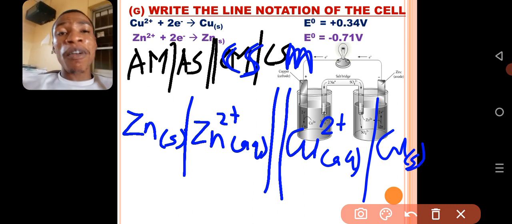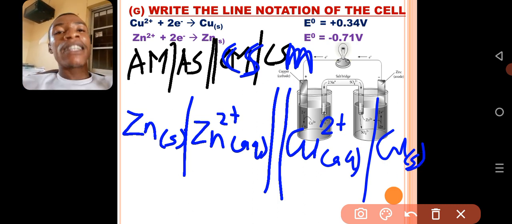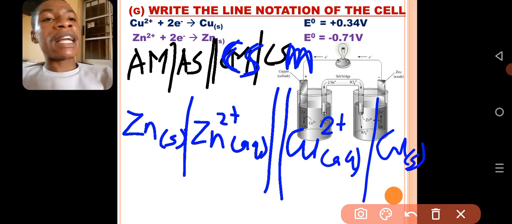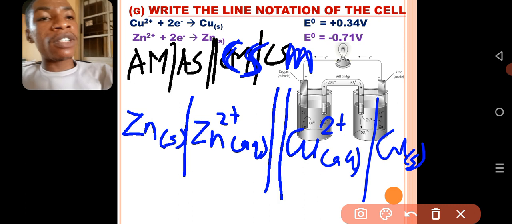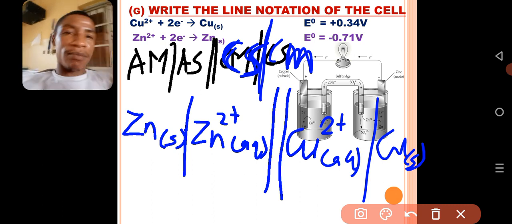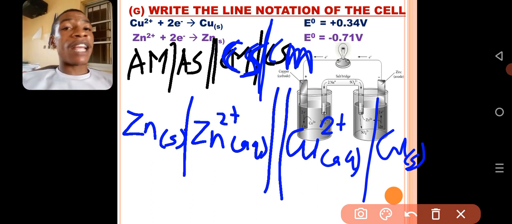So take note of the formula: anode material slash anode solution, then followed by cathode solution single slash cathode material. That's the formula for every line notation that you want to write.